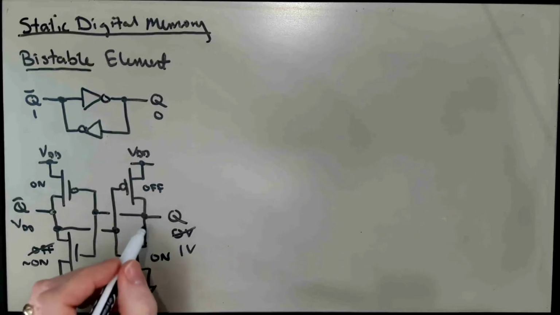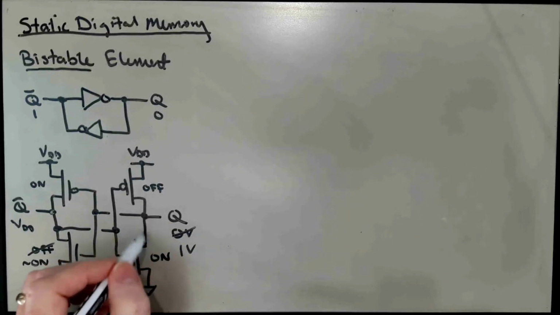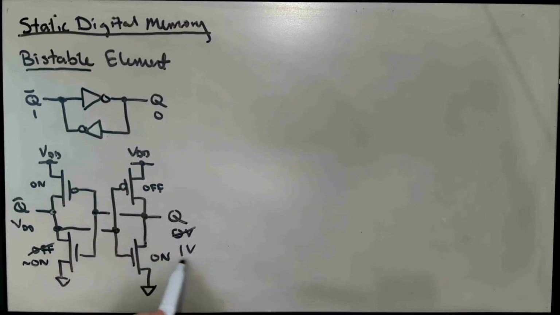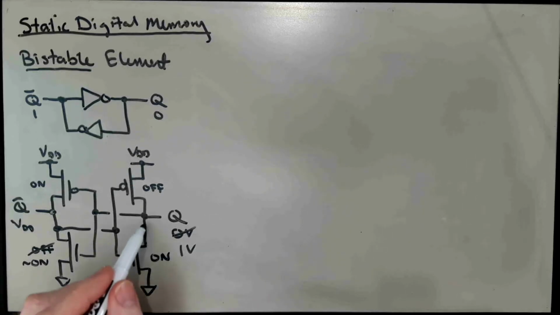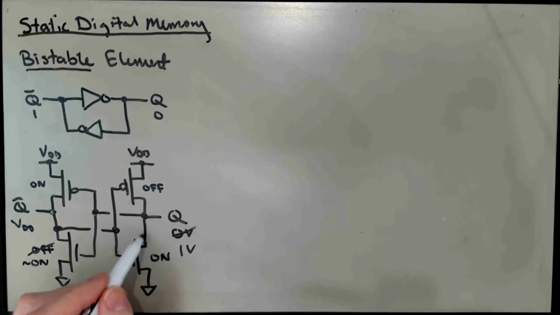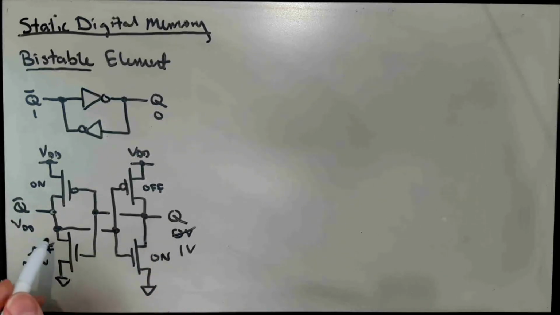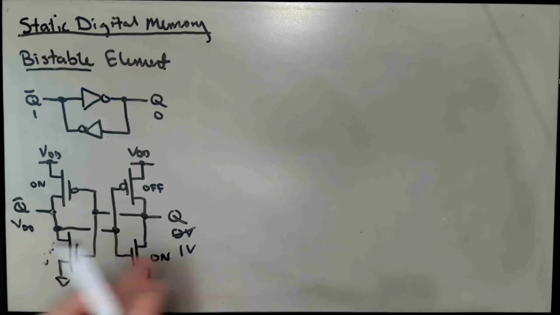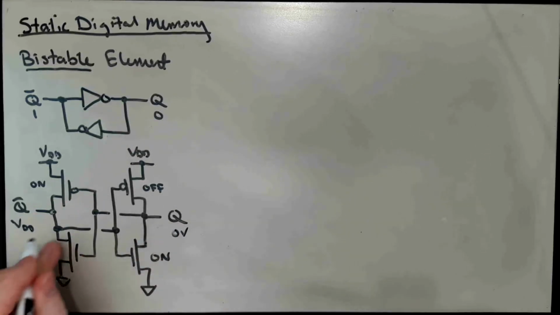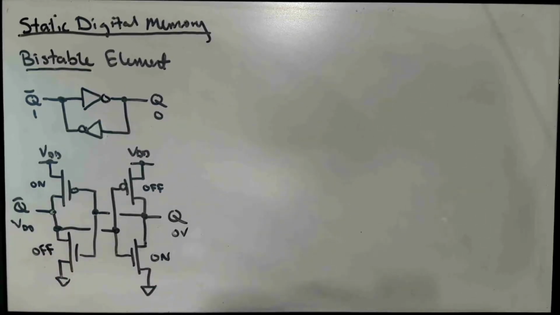And so very quickly, the current that this transistor is now pulling down with, because this is now putting this NMOS transistor into saturation, so this is pulling an actual current against this 1 volt here. It's going to pull this back down, and it's going to restore this to 0 volts. And that's going to make this transistor go back to fully off in a very short amount of time.